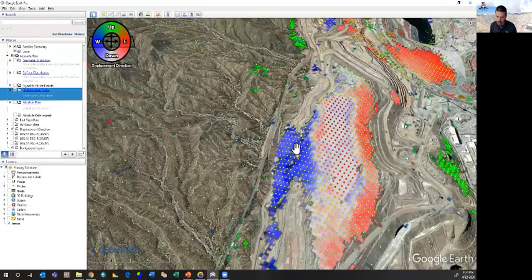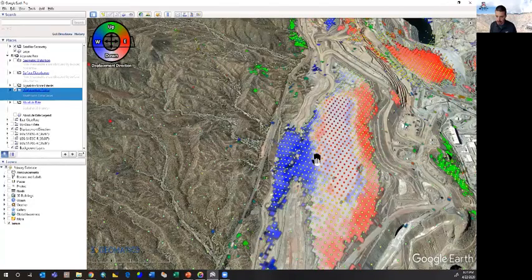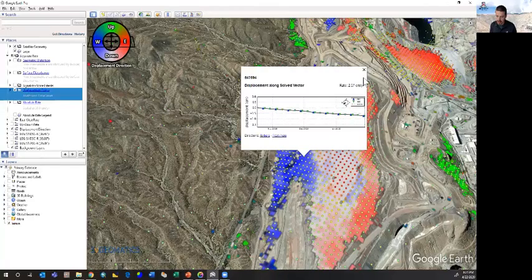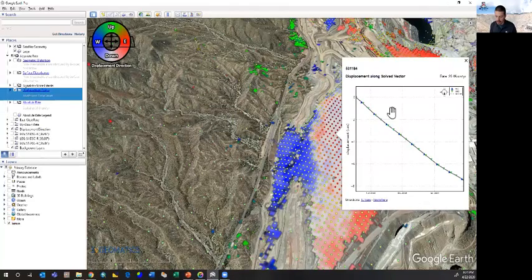We can look at the other side, and it's going the opposite direction, down and west. Because this dump is quite symmetrical, if we went right to the middle of it, the vector of movement should be down. This is resolved basically by looking at both the ascending and descending data. The ascending's blue and descending's green.